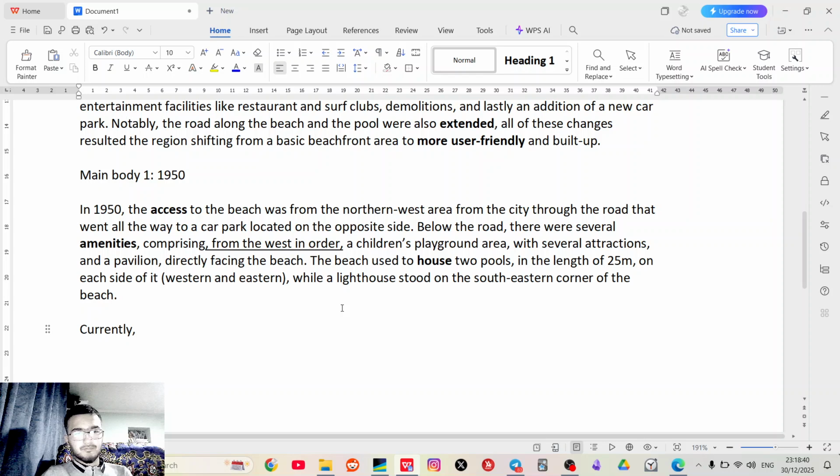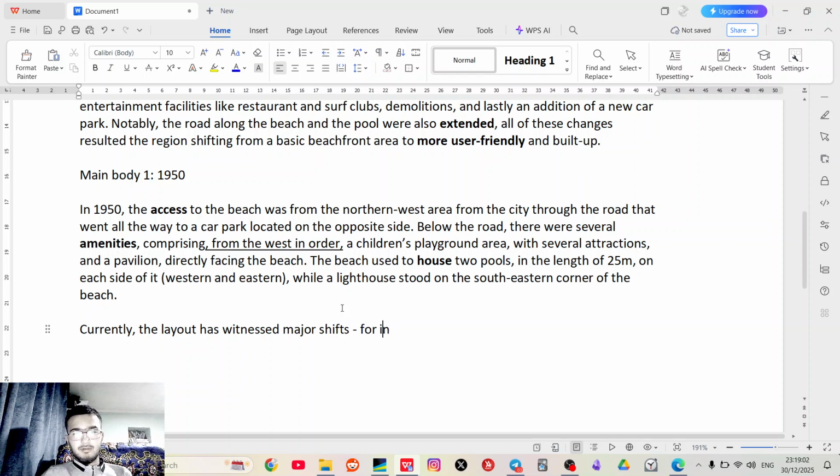Currently, the layout has witnessed major shifts.